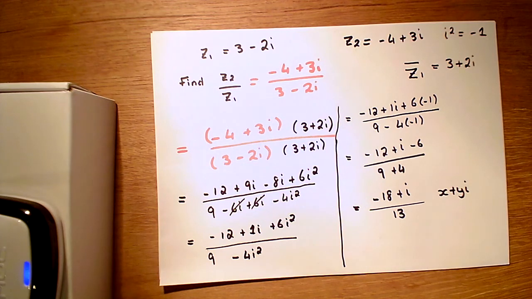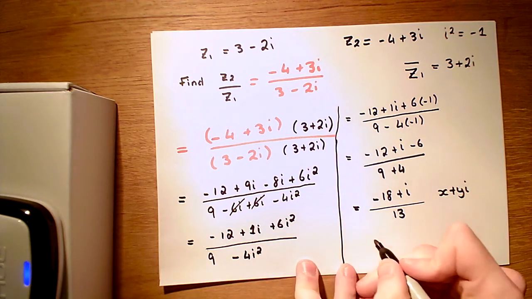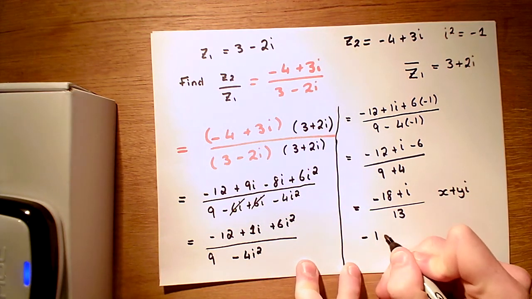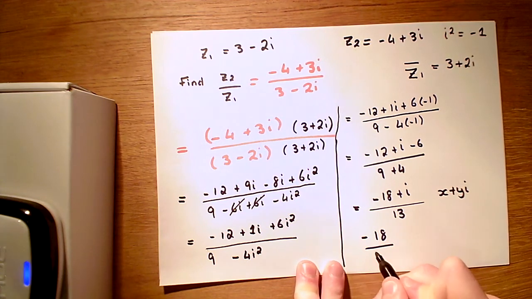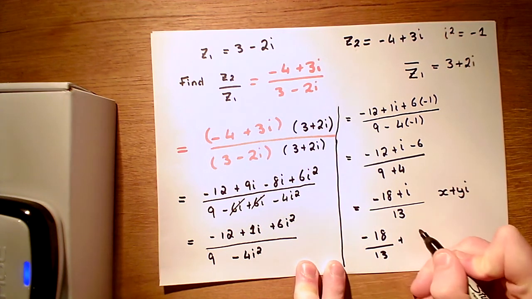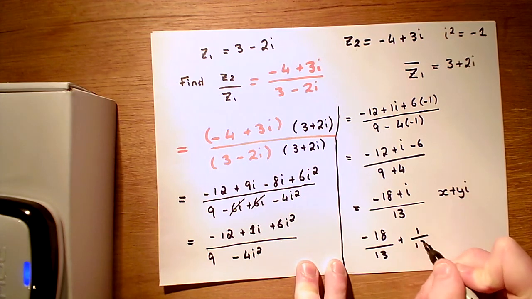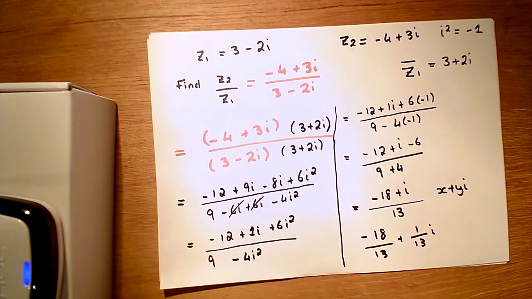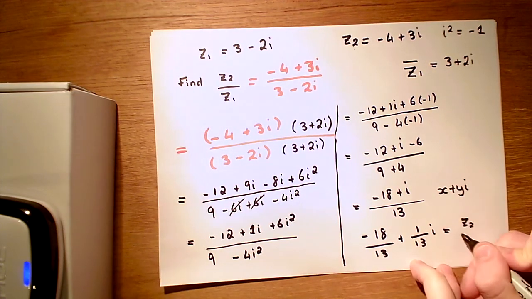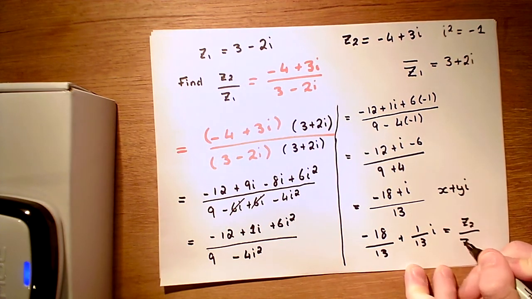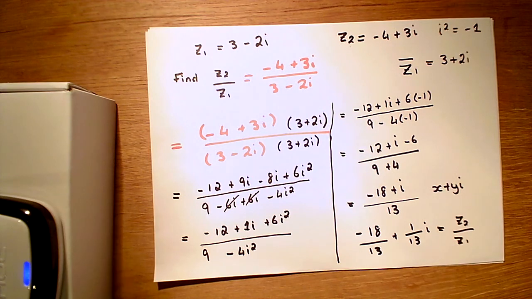So really what we have to do here is we can't have it as a singular fraction. It's just a case of pulling it apart for now. And what that looks like is we have minus 18 divided by 13 plus 1 over 13 i. Okay, and that is equal to our original fraction of z2 divided by z1, or those two complex numbers divided by one another.